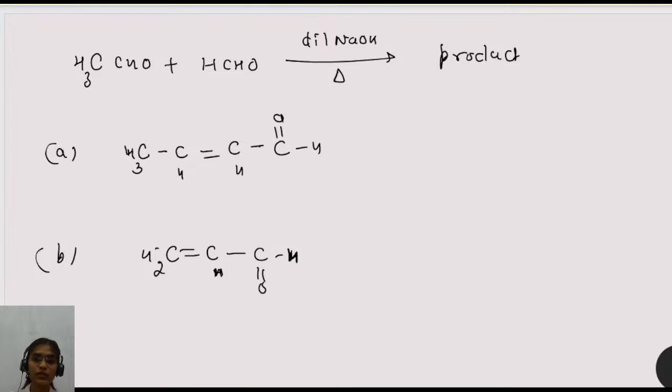Which one is the major product here? Is A more major or is B the major one?